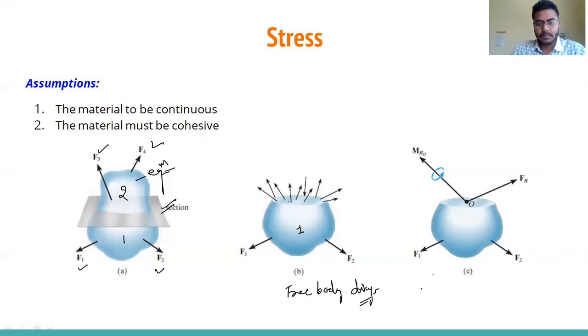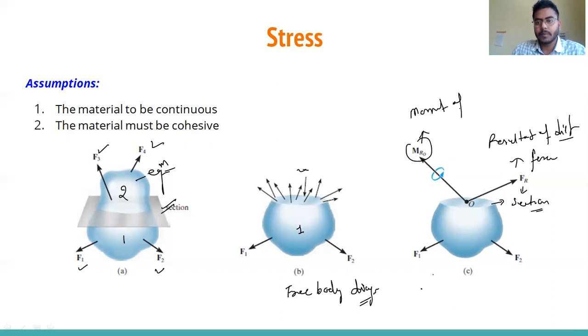This distribution of forces is shown in the third figure by the resultant, where Fr is the resultant of distribution forces on this cutout section, and Mr is the moment of the resultant of distribution forces.